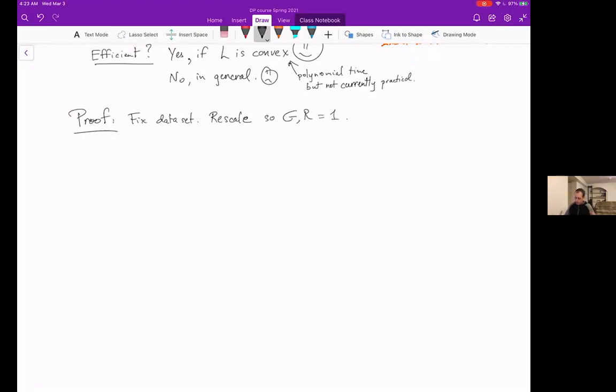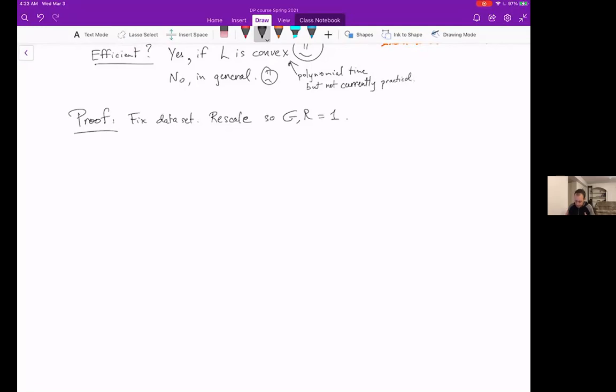You can rescale the ball so that you're operating on a smaller ball, and also change your function values so that the gradients are smaller.